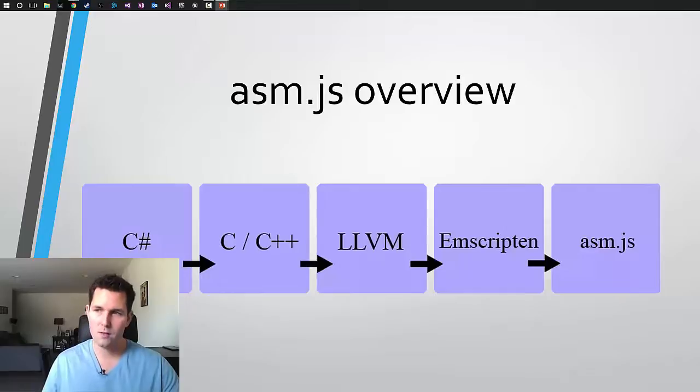Then we're going to run it through LLVM and Emscripten, and it's going to spit out JavaScript on the other side. So again, a huge benefit of this is we can take some of these legacy applications that were previously made for desktop devices or even mobile devices and have them working inside of the browser, and at very, very good speed because of this highly optimized subset of JavaScript.